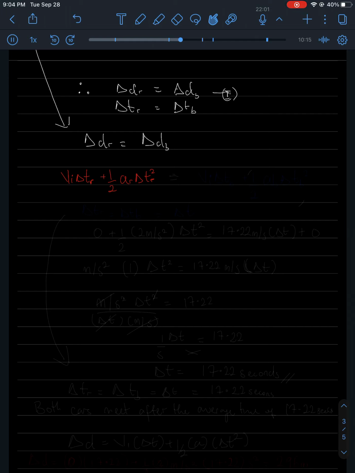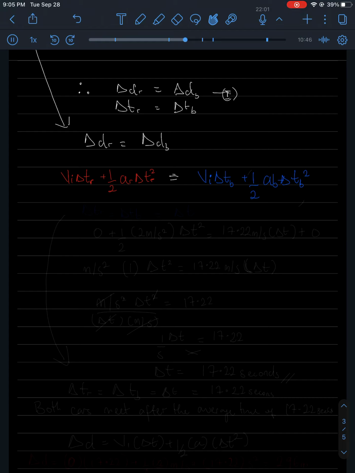And this is equal to the initial velocity of the blue car times delta t blue, plus 1/2 the acceleration of the blue car times delta t blue squared.